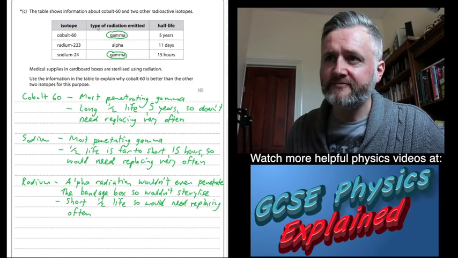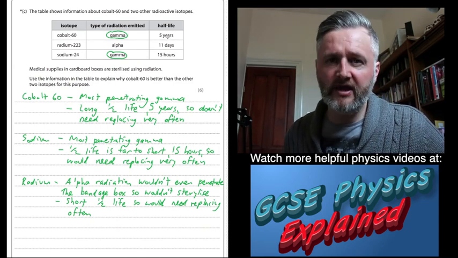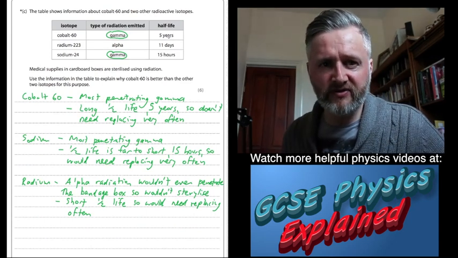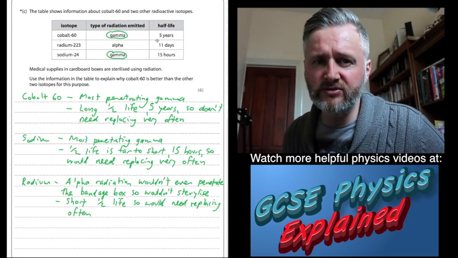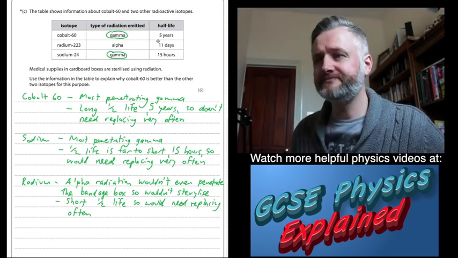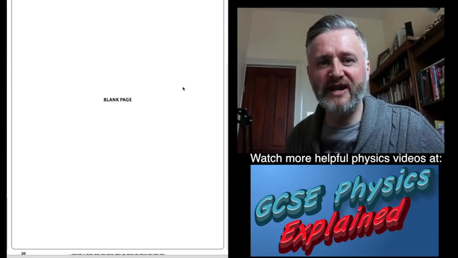Don't just say cobalt gives off gamma, which has got a half-life of 5 years. Alright, thanks very much for being able to read the table, but you haven't told us what that actually means in your understanding.